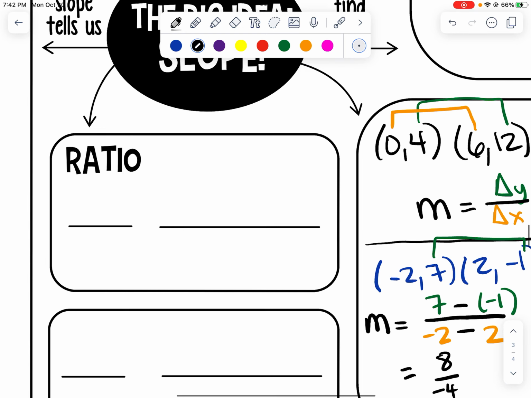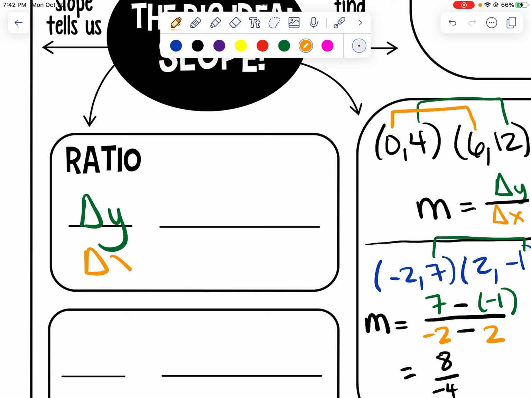Okay, ratio. This is talking about the change in y over the change in x.